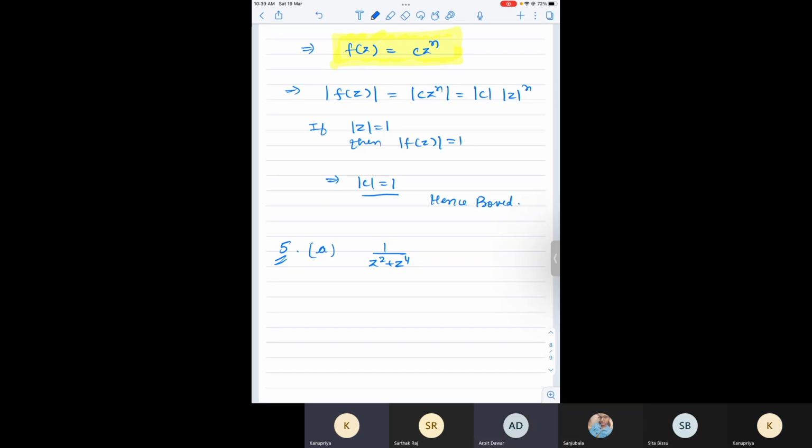F is holomorphic in the neighborhood of that point, but not holomorphic at that point. Okay. So what is the difference between isolated singularity and non-isolated singularity? Isolated singularities do not have a limit point. And non-isolated singularity?